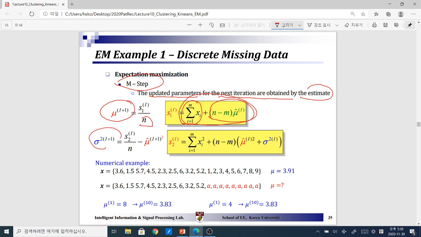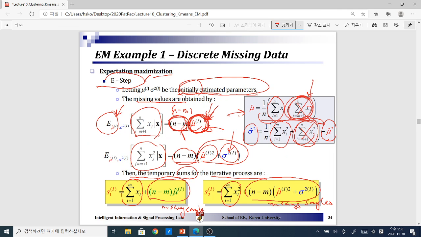And similarly, we can do the same for the variance computation. So that would be all of the total values of the sum of the squares, including those of the missing values, and we divide by n. And then it is going to be subtracted off by this, because we saw that if you go back to the computation of the sigma square, or the variance, let's just go back.